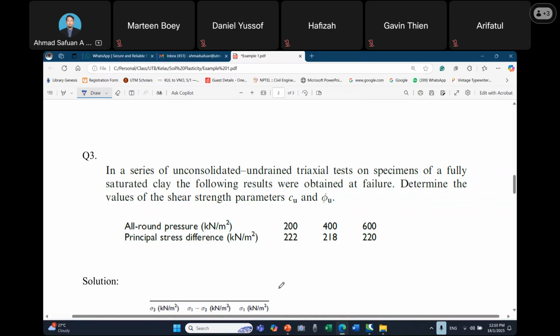We have the all-round pressures 200, 400, 600, and the principal stress differences 222, 218, 220, which are the failure values. To get sigma 1, we add 222 plus 200, 218 plus 400, and 220 plus 600.